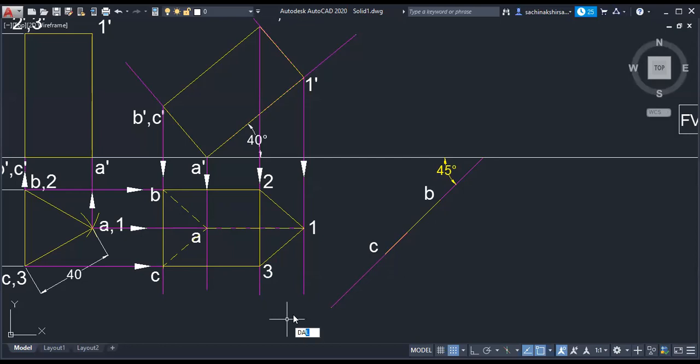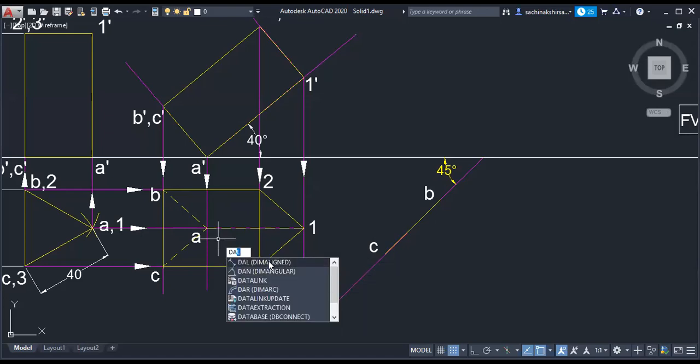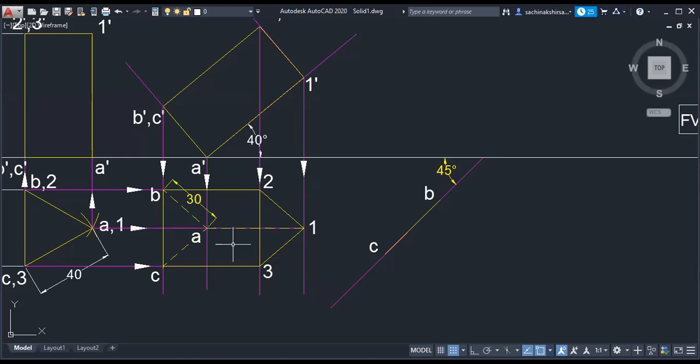It should be 30, sir. Yes, it is 30. So take distance 30 in the compass. Mark it, and locate point A. So it will be something like this.